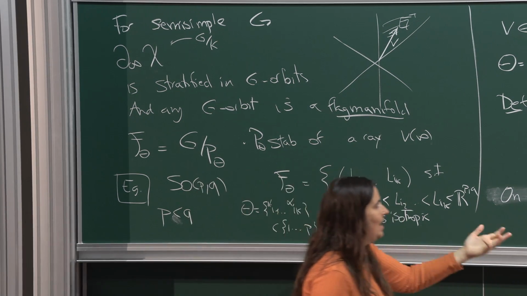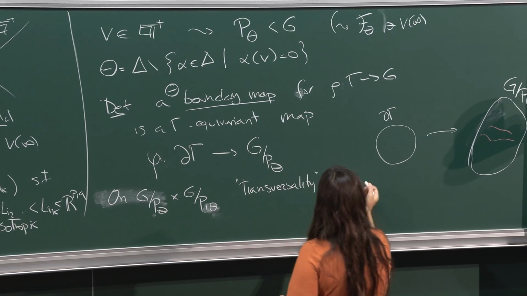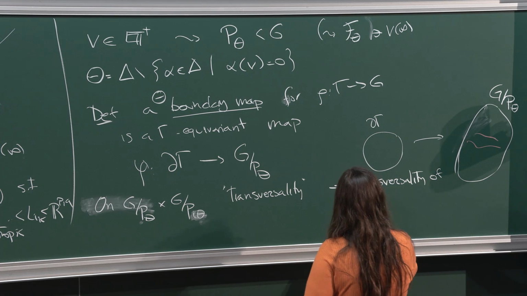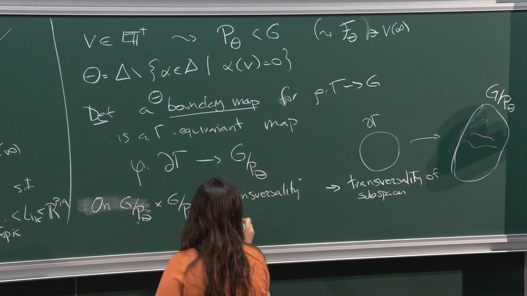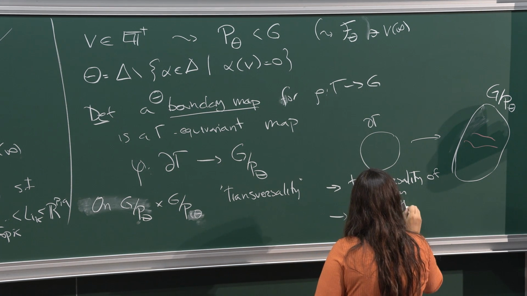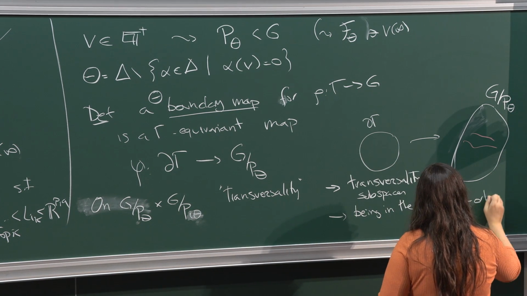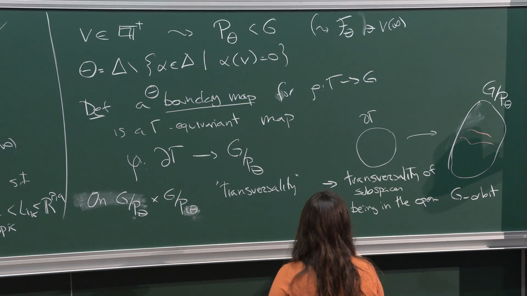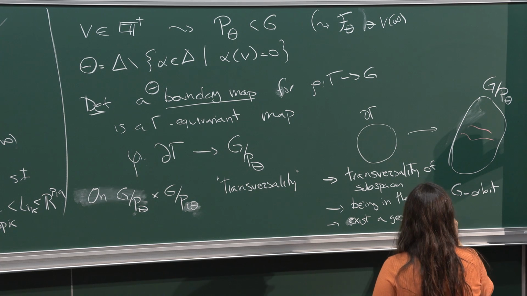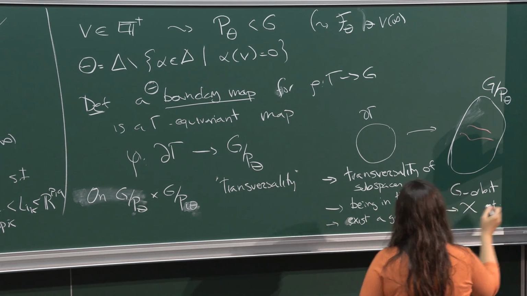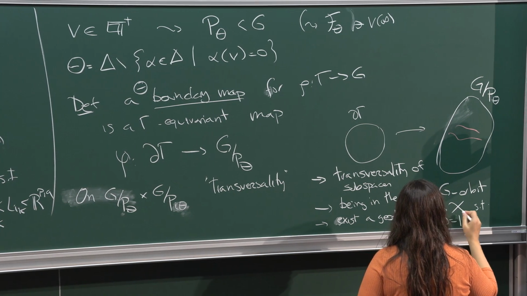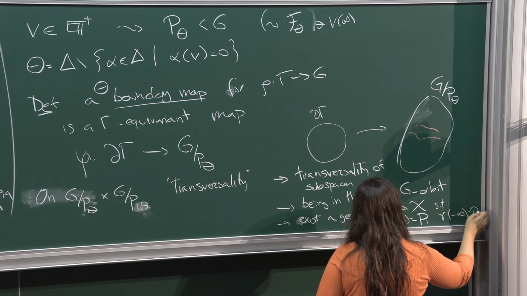There are ways of phrasing transversality as transversality of subspaces, which can be equivalently reformulated as asking to be in the open G orbit, or asking that there is a geodesic gamma from R to my symmetric space such that gamma of infinity is P1 and gamma of minus infinity is P2.